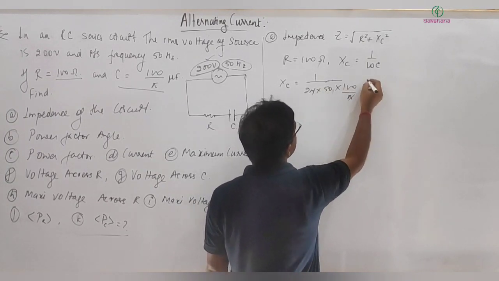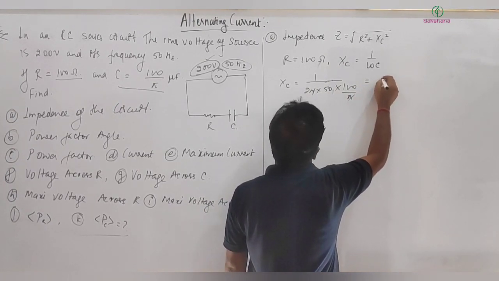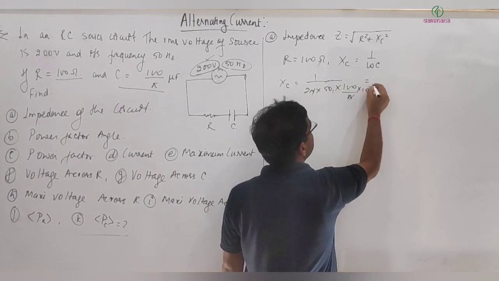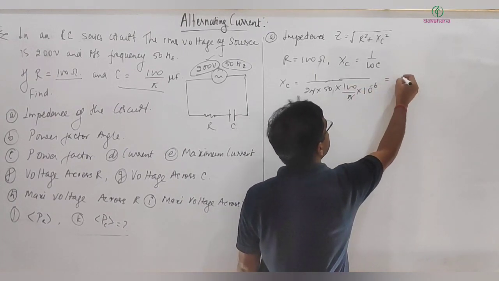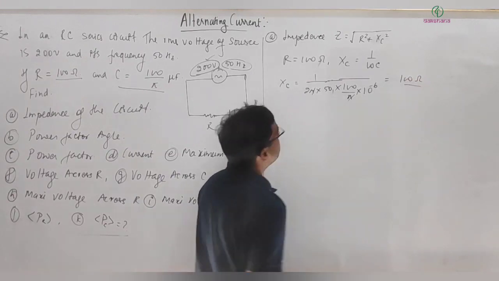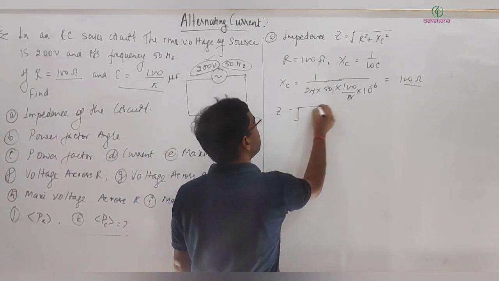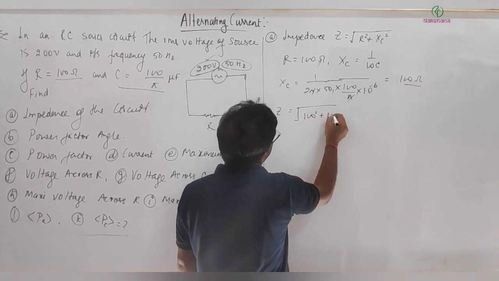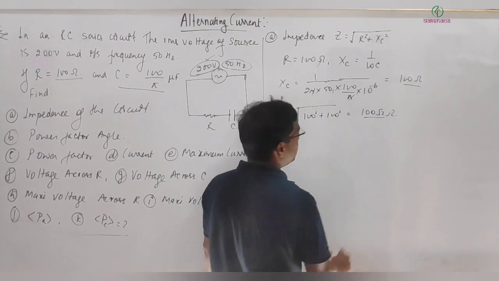Pi gets cancelled, it's 100 times 10 raised to power minus 6, so it will be 100 ohm. So we got XC. Now we can substitute everything. Then Z is equal to under root 100 square plus 100 square, that would be 100 root 2 ohm. So we got Z.